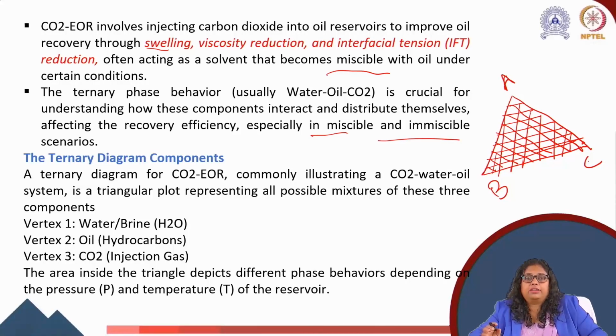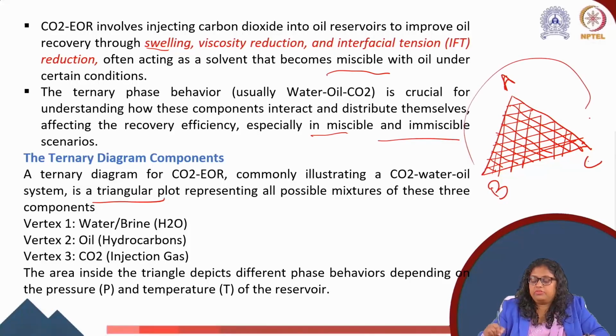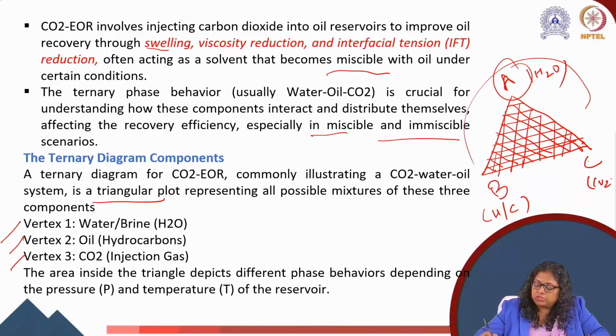A ternary diagram for CO2 EOR normally illustrates the CO2 water oil system as a triangular plot, as shown here, and it represents all possible mixtures of these three components. The three components are: vertex 1 or A, which is water or brine, so we can write H2O; vertex 2, oil, which is hydrocarbon; and vertex 3, CO2, which is the injected gas.